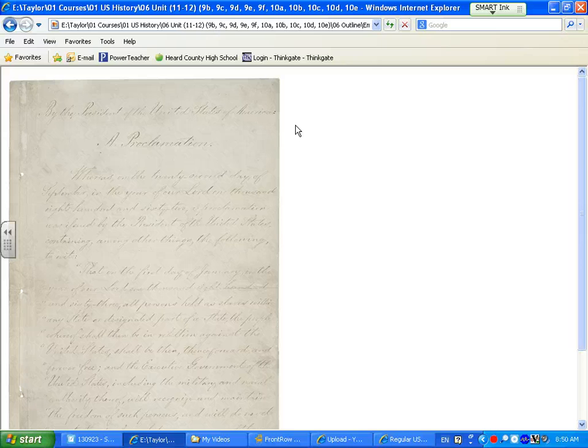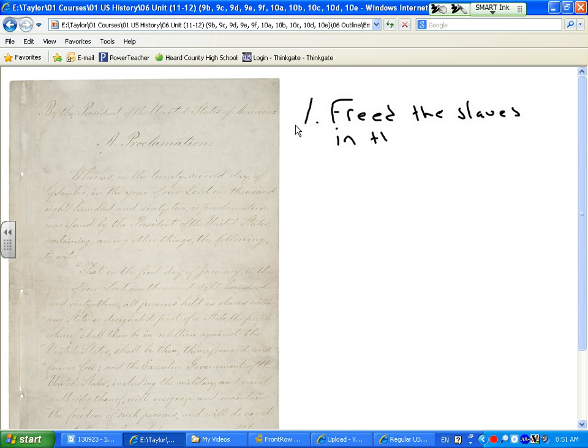This document had three purposes. Lincoln was a very smart man and a very smart president. It had three purposes. First, it freed the slaves in the seceding territories. Notice it did not free the slaves in the border states.